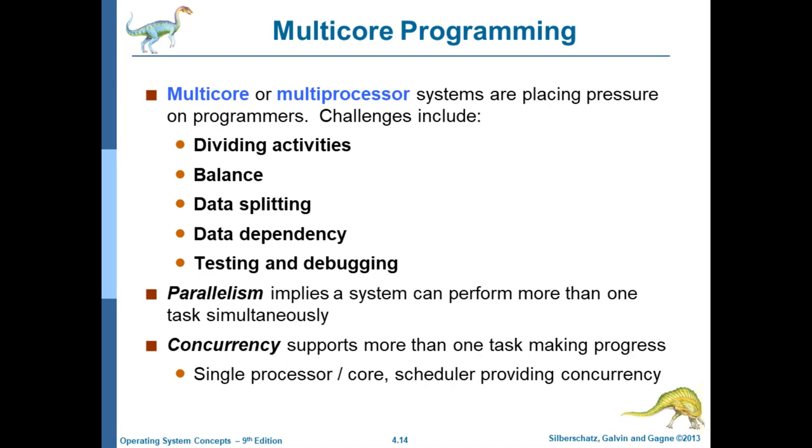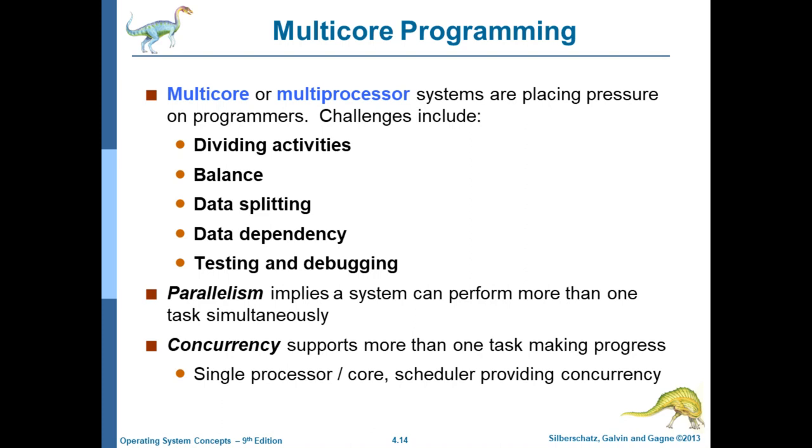This means deciding how to split the work among different cores or processors. For example, if we have a program that performs a complex calculation, we may want to divide it into smaller tasks that can be executed in parallel by different cores or processors.